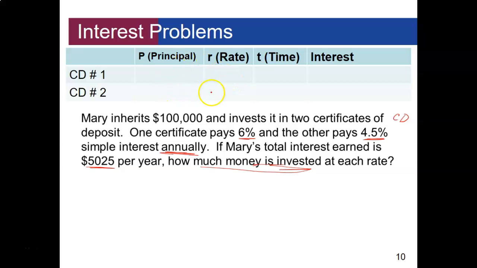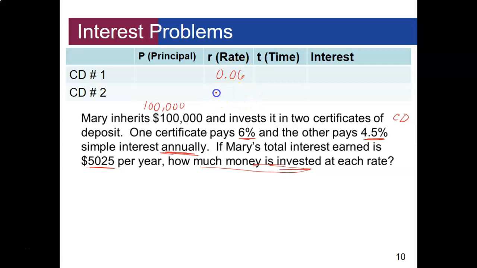If I look at this, I know she inherited $100,000, so that's the combined amount invested between the two CDs. I'm going to put this total here. So we've got $100,000 for the total. We know one certificate paid 6%, so converted to a decimal, it's 0.06.